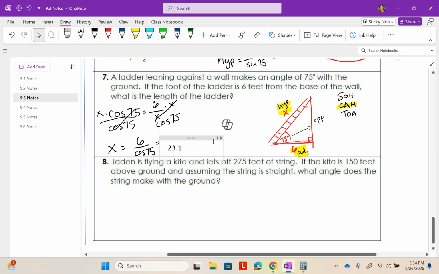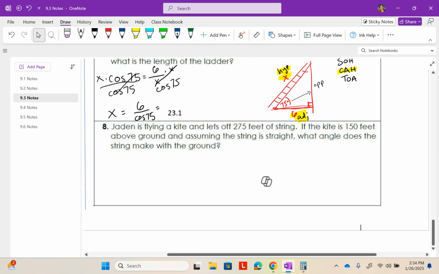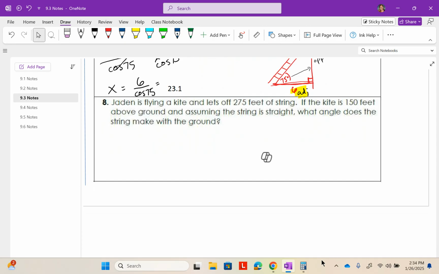Good. Okay. Last but not least, let me plug my pen in again, which I shouldn't have to do, but it seems to make it work.